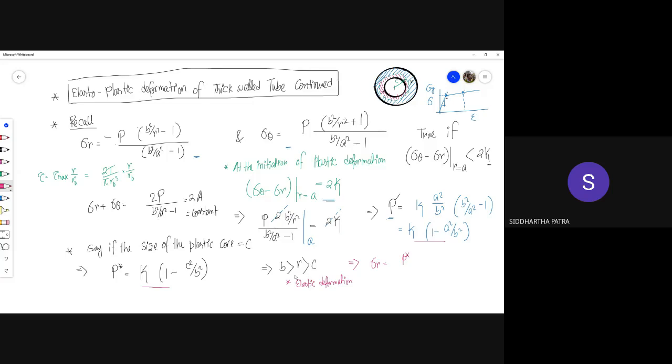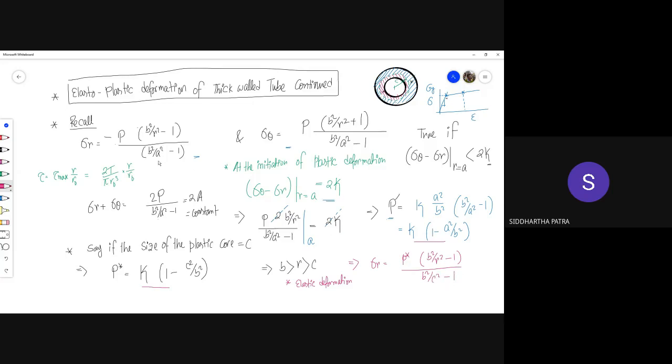Okay, so if you are within the elastic domain, this equation will be valid. B squared divided by r squared minus 1 divided by b squared by c squared minus 1.